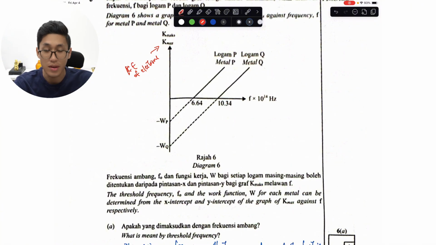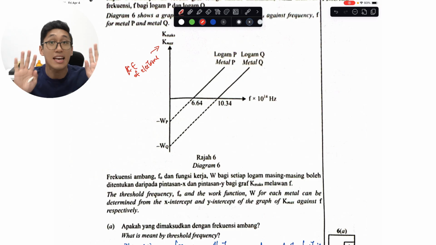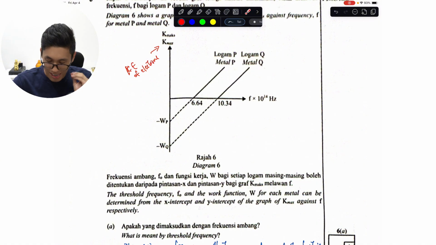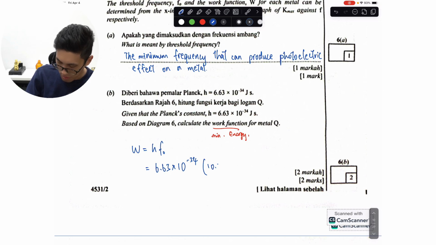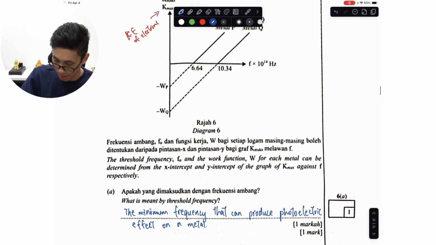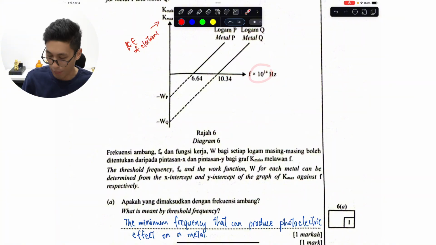If I want no extra energy for the electrons, I just want them to be released, so I will use exactly just enough for the electrons to come out, but no extra energy. That's why the kinetic energy of the electrons is 0. So 10.34 for metal Q, times 10 to the power of 14, as you can see here.